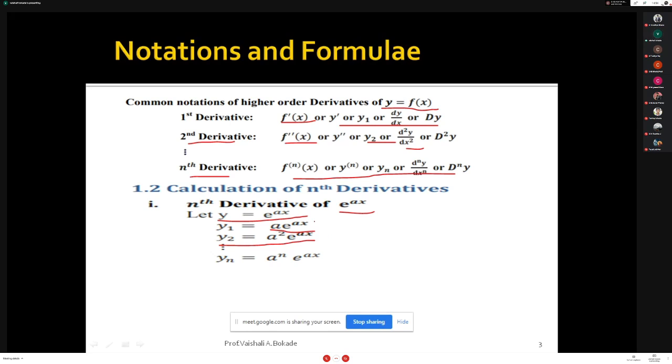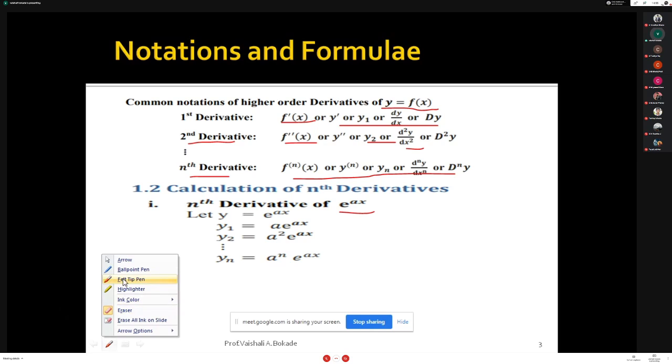So all of us know how to differentiate e raised to ax: e raised to ax remains as it is, into the derivative of ax, which is a. Again I have to differentiate a e raised to ax.